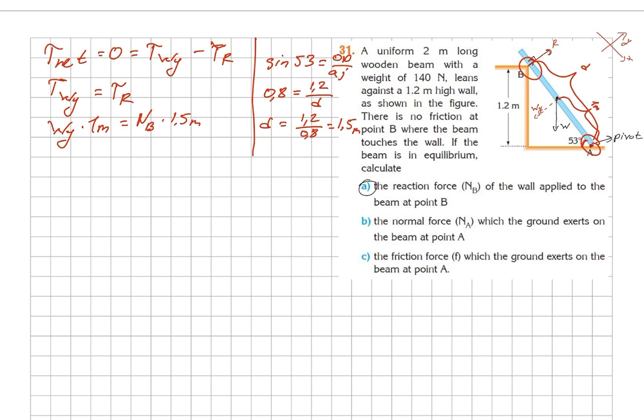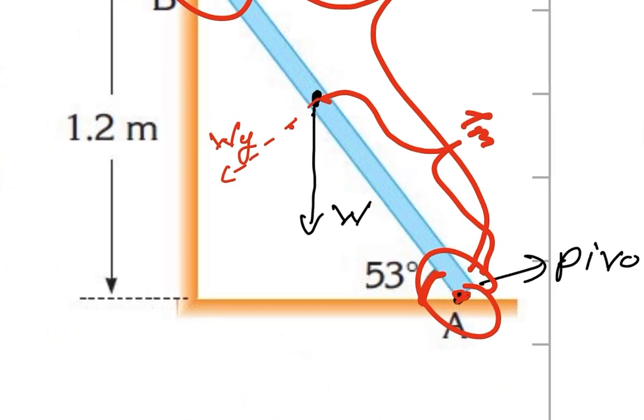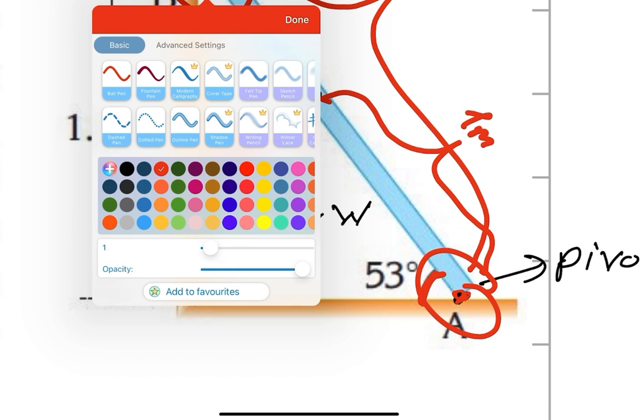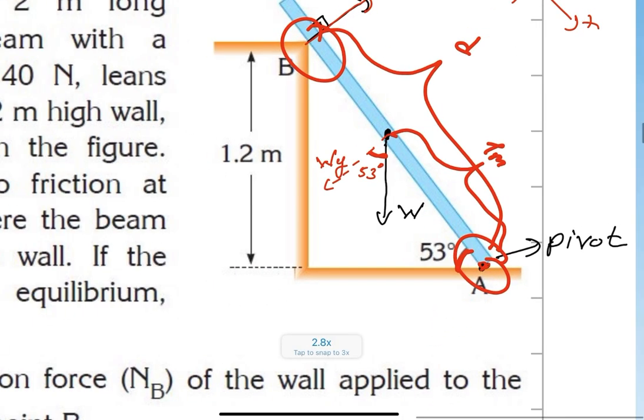The NB that we are looking for will be equal to weight by y. And here also, we have to define what weight by y is. The angle here will be equal to 53 degrees.